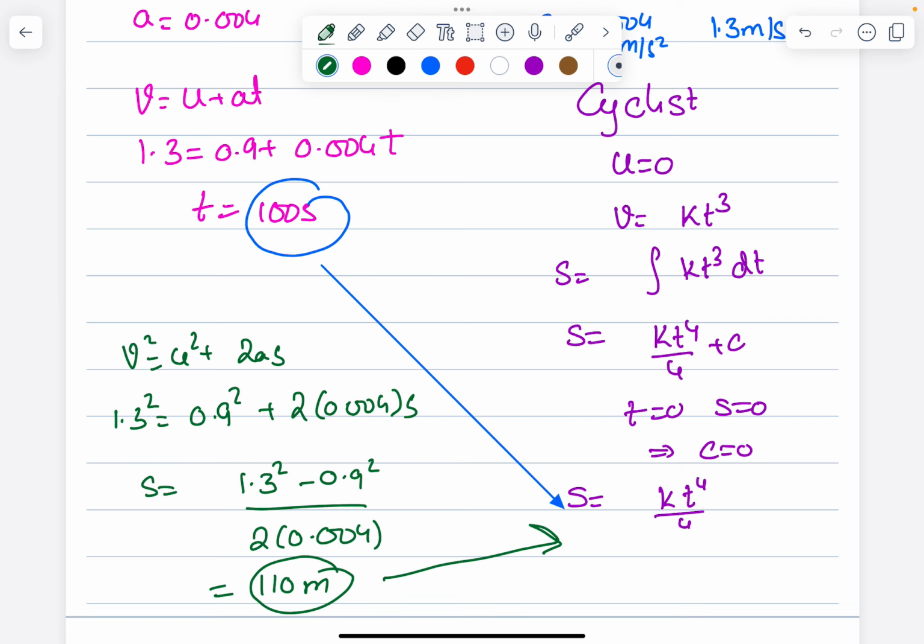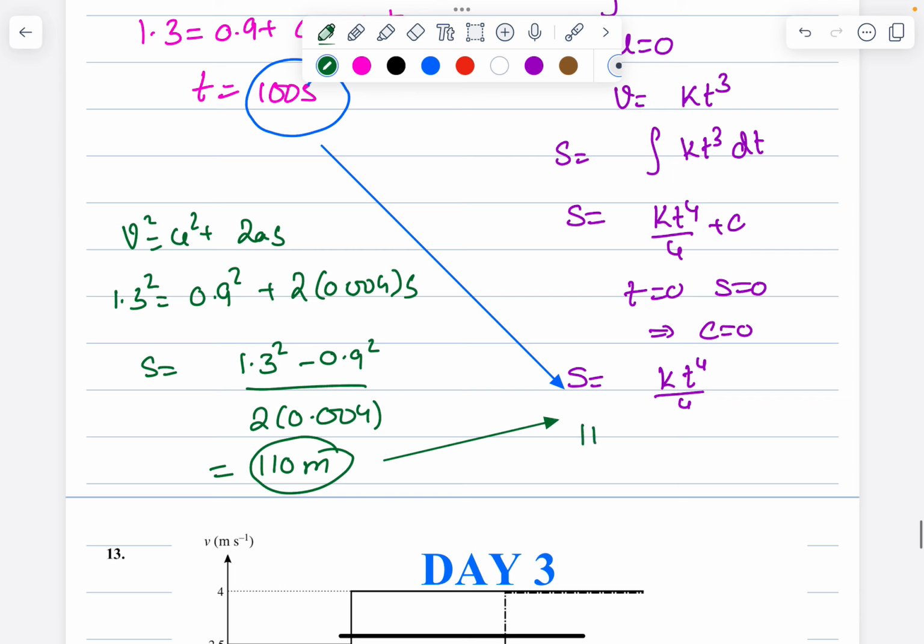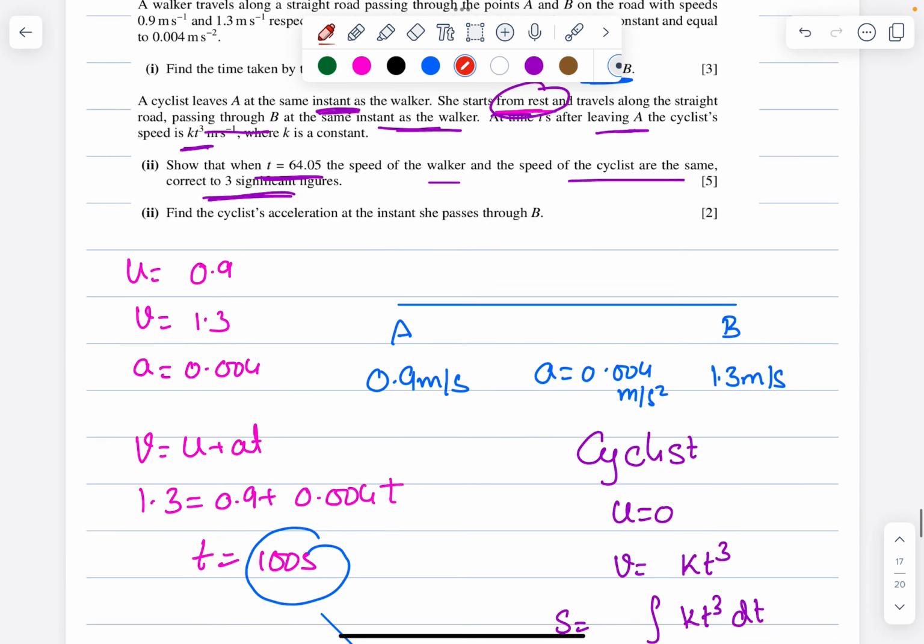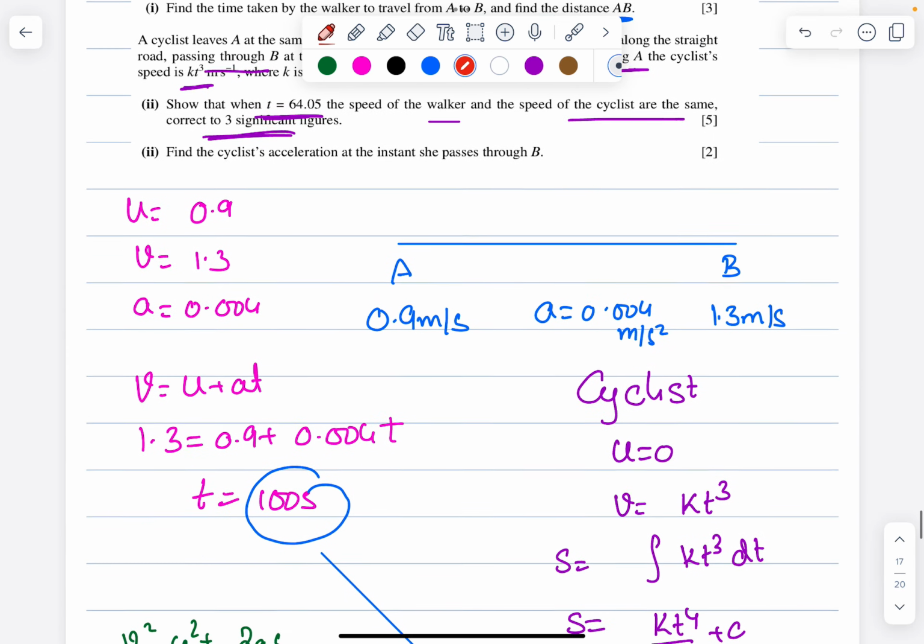So she is going to travel the same distance. So 110 equals k times 100 to the power of 4 divided by 4. As such, this gives me the value of k as 4.4 times 10 to the power of negative 6. That's going to be the value of k.